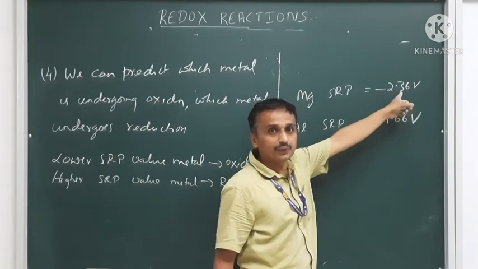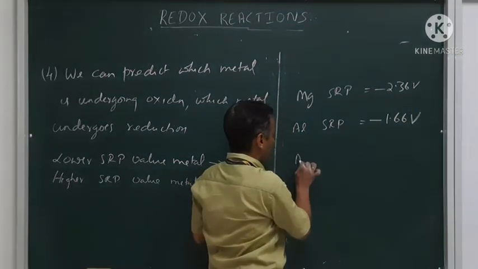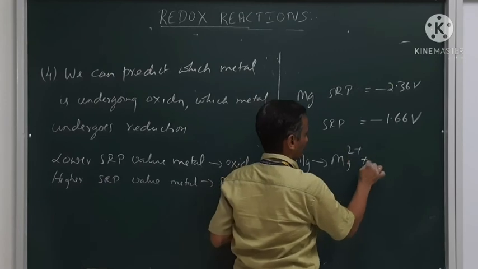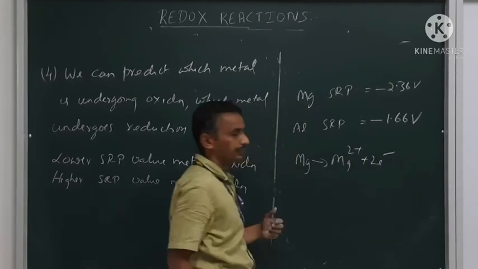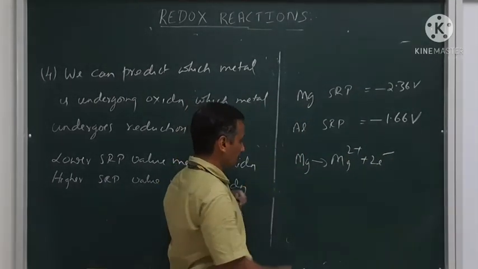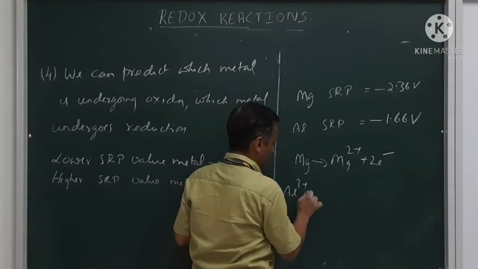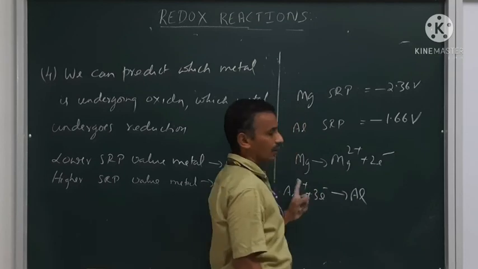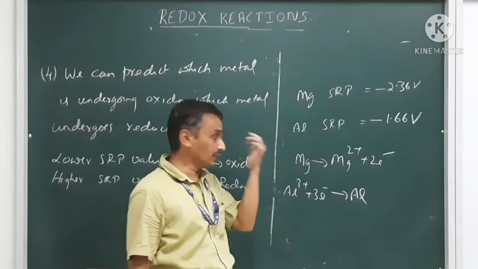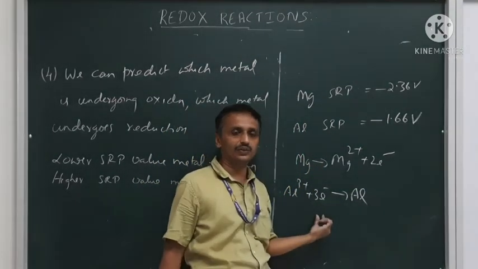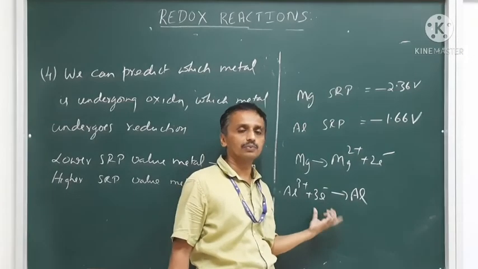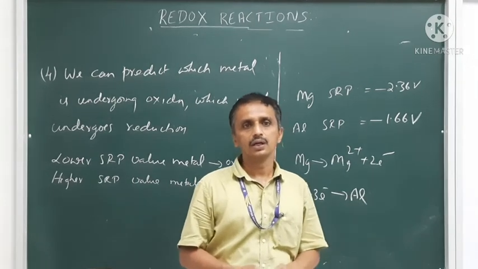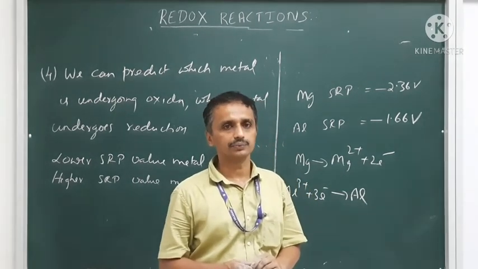The SRP value of magnesium is lower, so magnesium undergoes oxidation to give Mg2 plus 2 electrons. Oxidation will happen for magnesium, but reduction will take place for aluminium, Al3 plus 3 electrons gives Al. Lower SRP value oxidation, higher SRP value reduction.